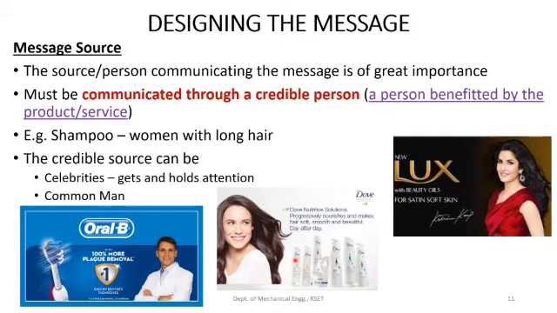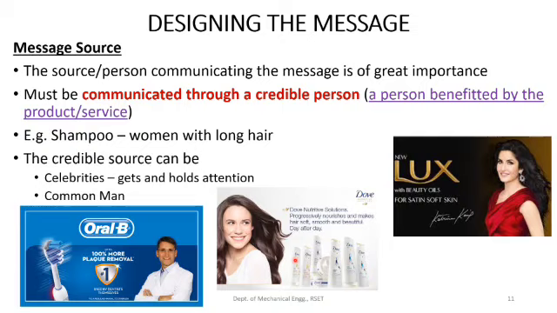So mostly you can see that for the products of Dove, where they use television advertising, they use feedbacks or testimonials by people who have been benefited to assert that this particular product is beneficial to the consumer. So the message source is basically a person who affirms and makes it clear to the consumer that there is a benefit, and it should be communicated through a person who is considered to be a credible person.